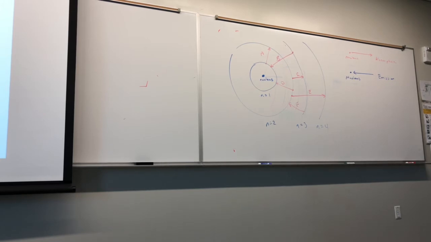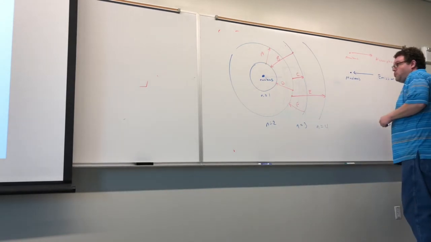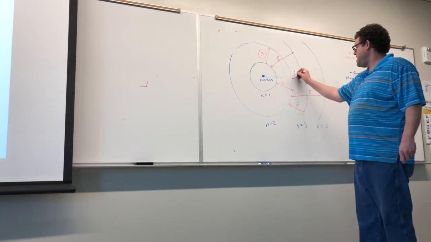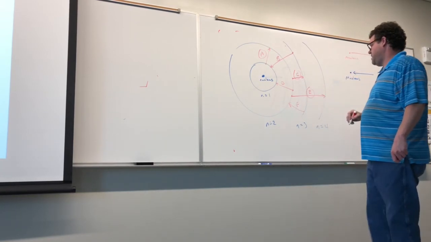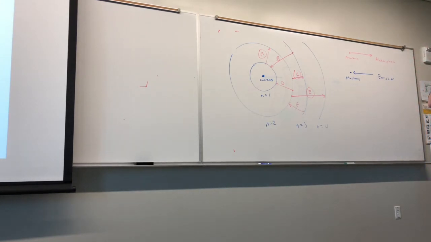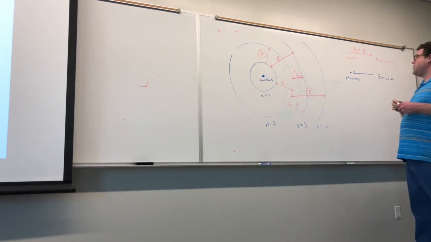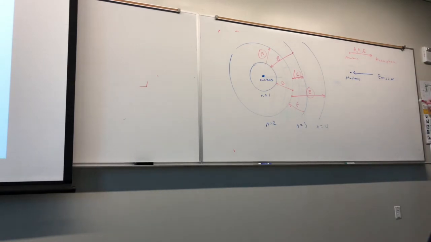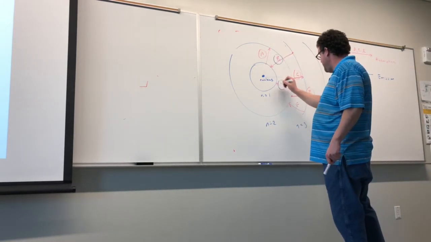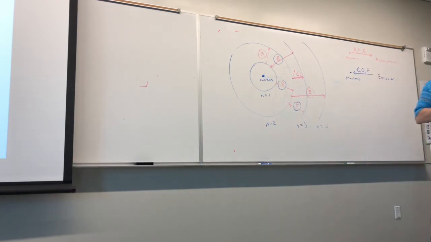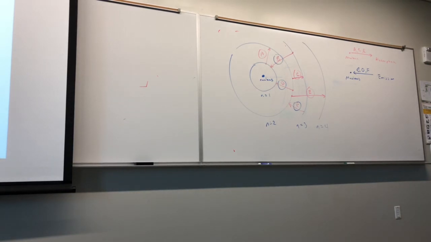All right, so who are my absorptions? My absorptions are A, C, and E. Everybody see that? A, C, and E? Okay, what about my emissions? B, D, and F. Okay, and now I've got them, I know who's who.